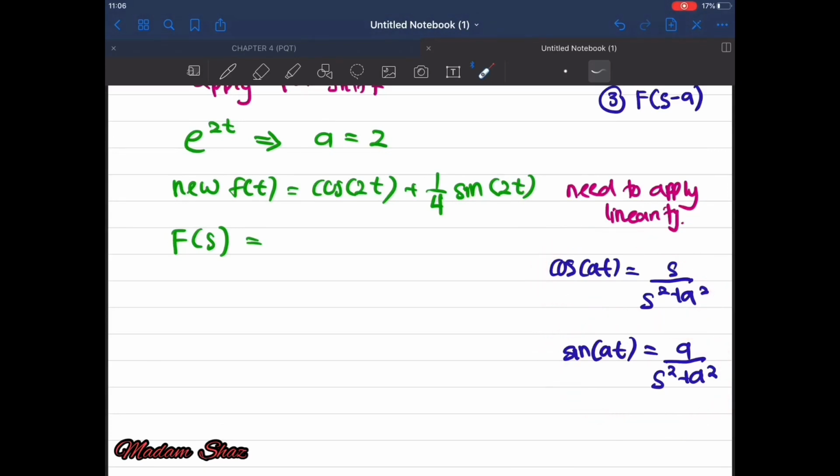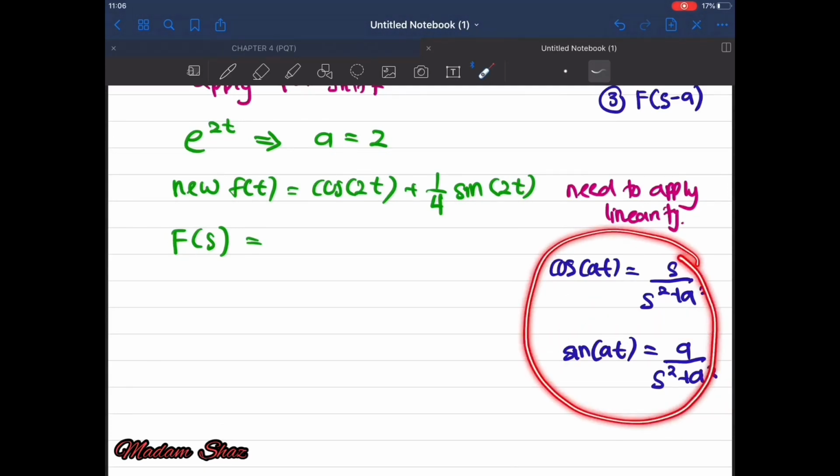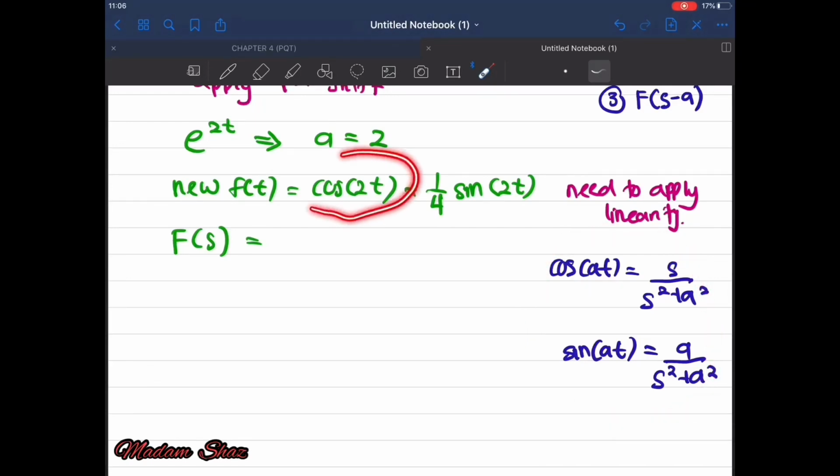Now we will substitute the answer from the table into the Laplace of the cos 2t and the sin 2t. For cos 2t, our a here is equal to 2. And for sin 2t, our a is also equal to 2.